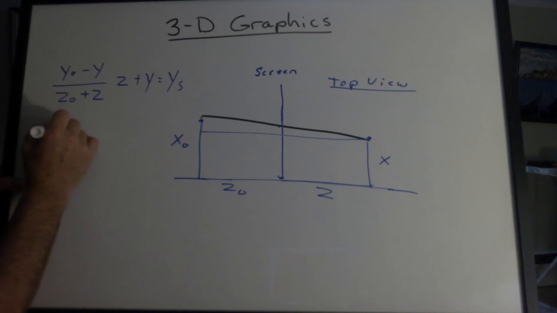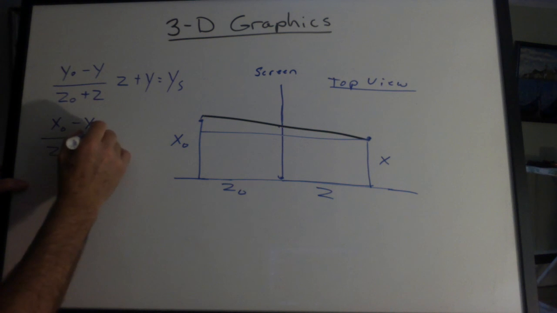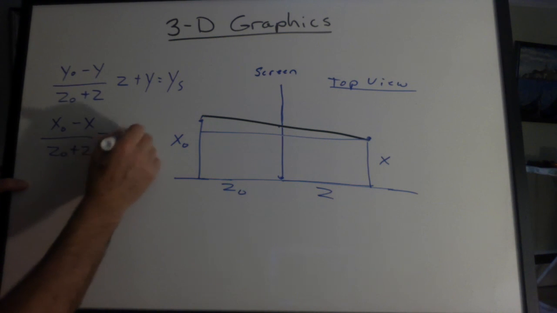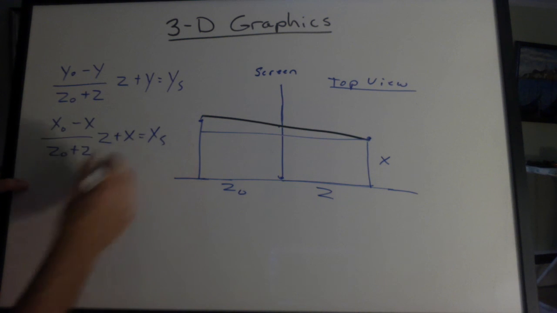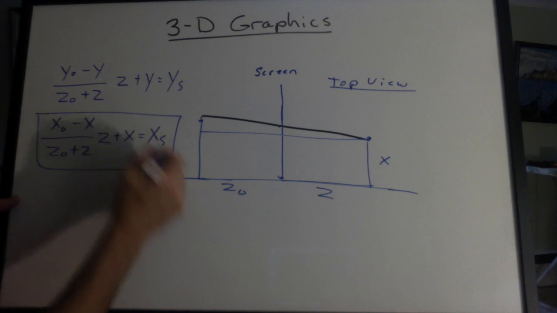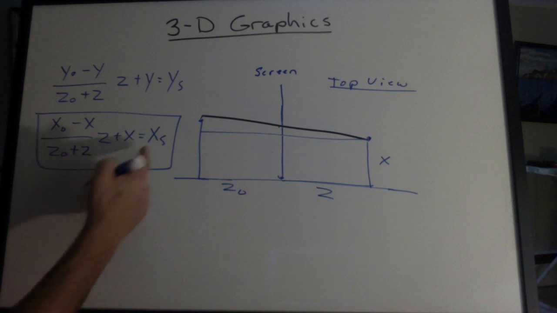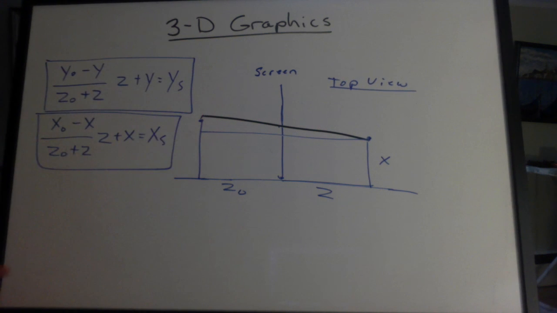You're going to have x naught minus x over z naught plus z times z plus x equals xs. You don't need any of this anymore. And so here's your equation that compresses everything in the x direction to plot the distance on the screen in the x direction. And here is how we're going to plot the distance in the y.